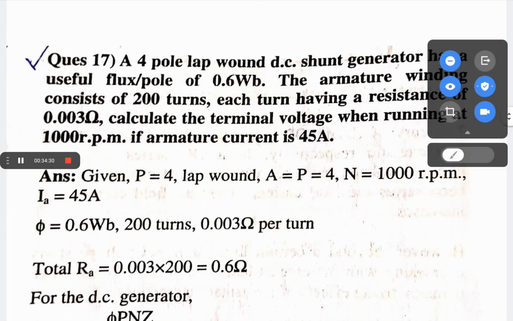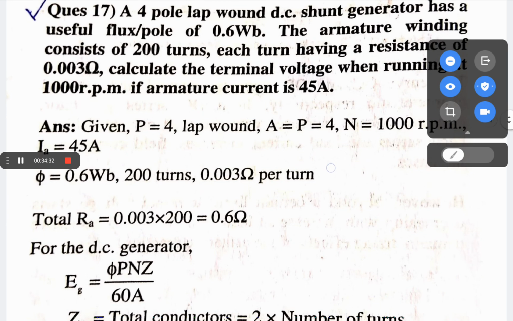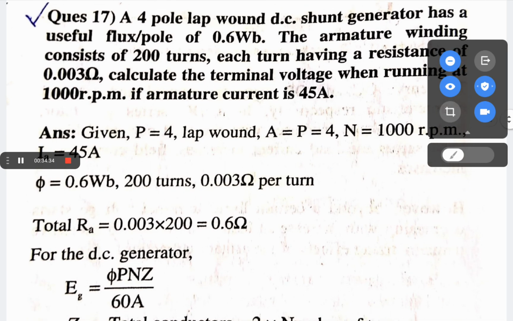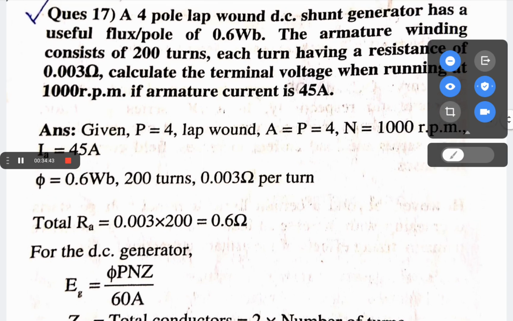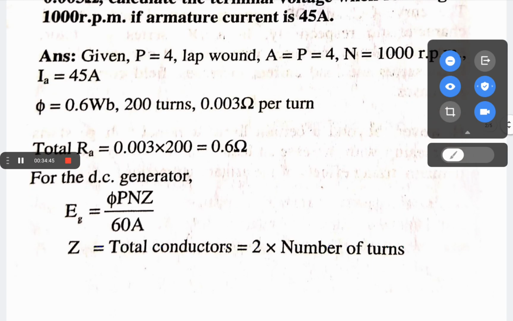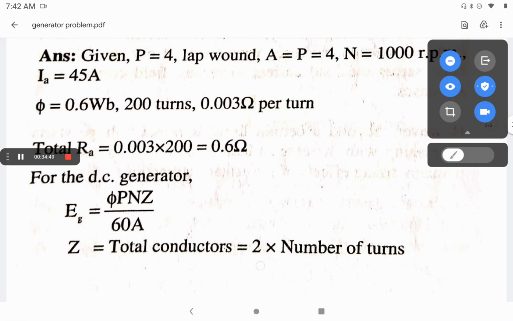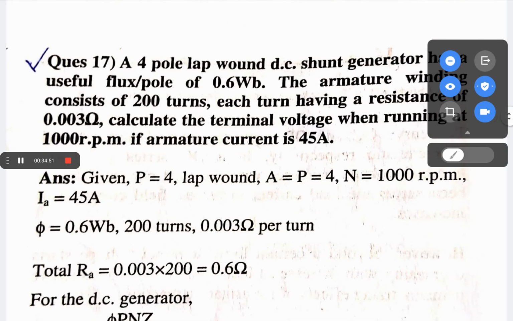And a 4-pole lap-wound DC shunt generator has a useful flux. So flux is given. Armature winding consists of 200 turns. 200 turns is given. So total conductors is number of turns into 2. Then each turn having resistance of 0.03 ohm.